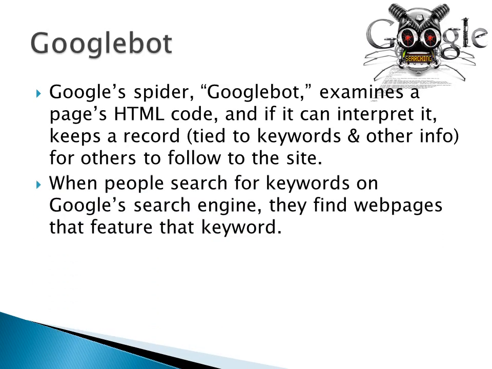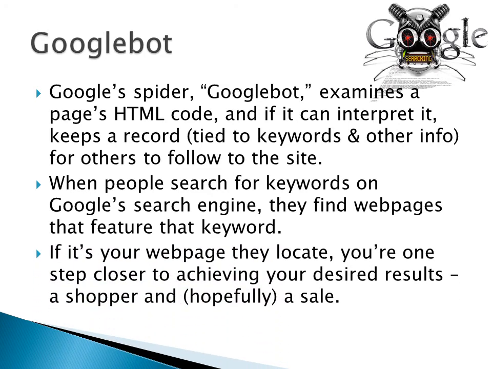So when people search for keywords on the Google search engine, they find web pages that feature that keyword. And if it's your web page they locate, they being the searchers, you're one step closer to achieving your desired results. And that's a shopper and hopefully a sale, hopefully a buyer, hopefully one of those very valued return customers.